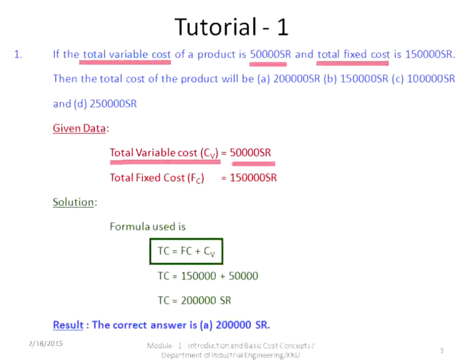So fixed cost is given as 150,000 Saudi Riyal, plus the total variable cost, 50,000 Saudi Riyal. Adding these two, you get 200,000 Saudi Riyal. So the correct answer is A. A is the correct answer, 200,000 Saudi Riyal. Did you understand this problem? It's a very basic one.